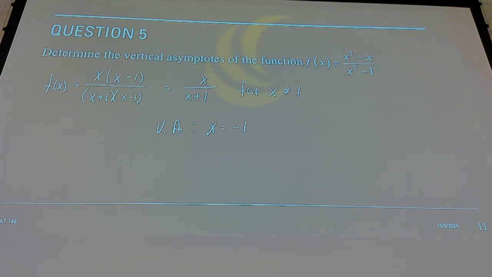You only have one vertical asymptote at -1. x equals 1 is a hole. So when you go to sketch the graph at x equals 1, the ordered pair would be 1, 1/2, you draw a hole. You draw an open circle.